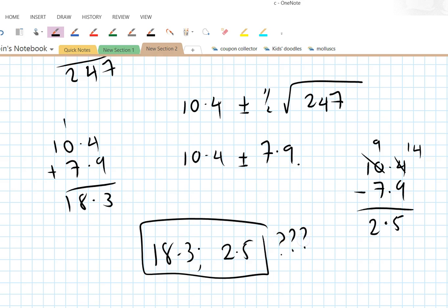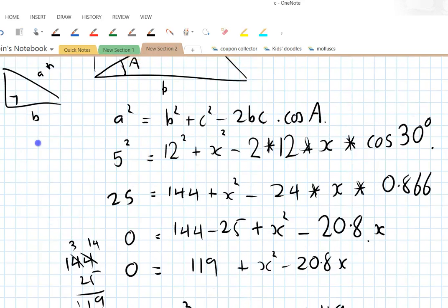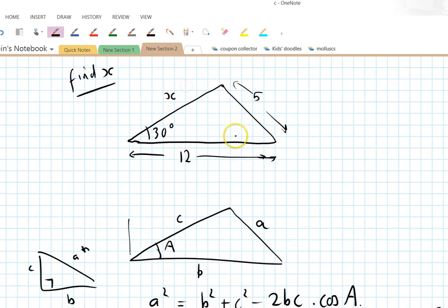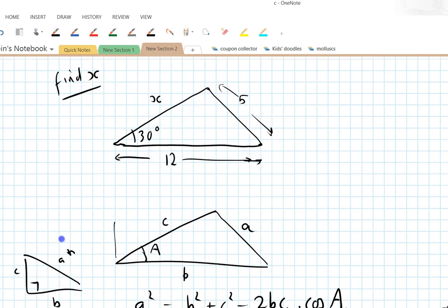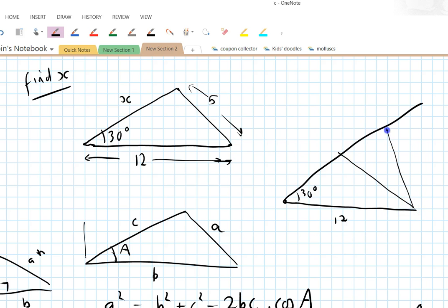What's going on? How come we've got a perfectly sensible equation, and we've got two solutions? Let's go back to where we started, which was this system here. If you actually made a triangle out of steel with 12 centimeters and you made this angle here 30 degrees, and I said this side here had to be 5, well, look, there's two places it might join.